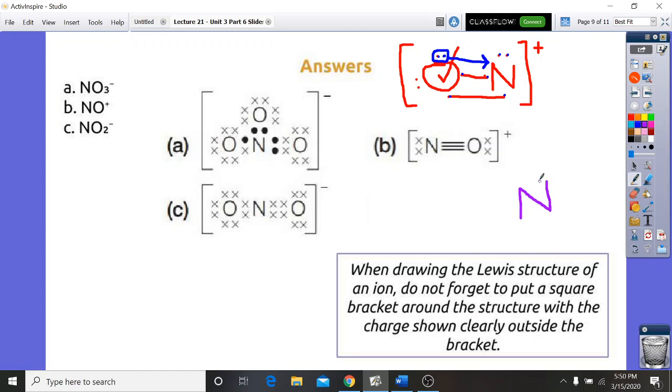And both structures would be correct. So if you answered it this way and someone else answered it the other way, that's fine. You would both have a correct answer. So let's draw 1, 2, 3, 4, 5, 6. And let's decide to remove one of the electrons from oxygen. Let's remove that one. And let's put our brackets.